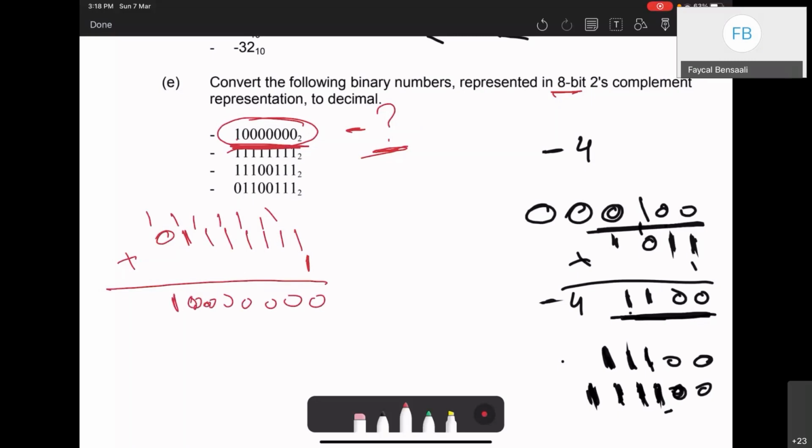And so you get back to the original number, and then you convert this using the normal method that we know. Like when we look for the maximum or the minimum number, the minimum negative value using 8 bits. So this is minus 2 power 8 minus 1.